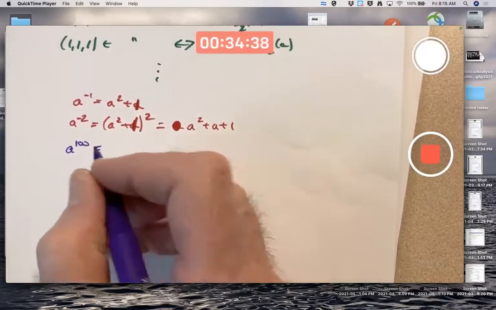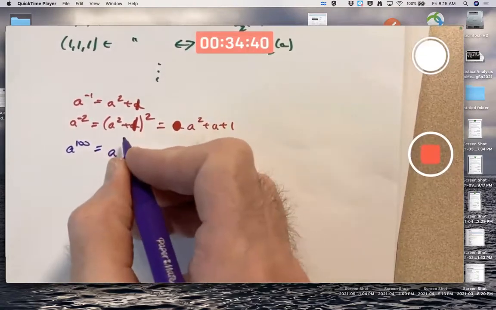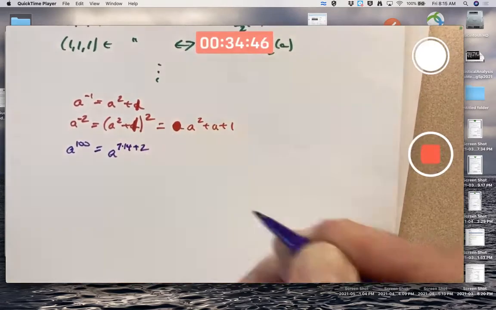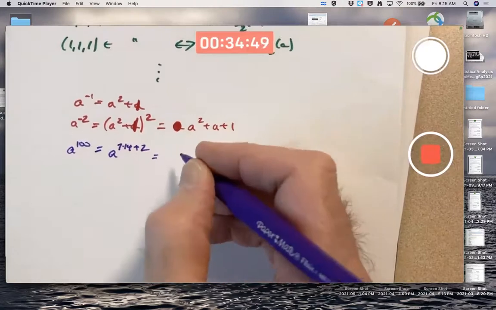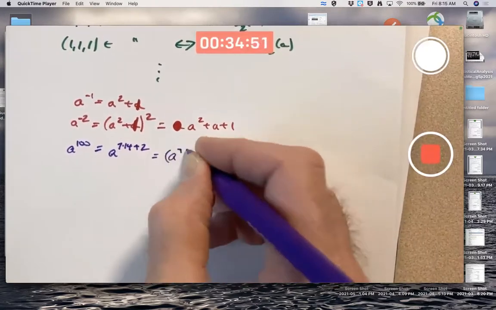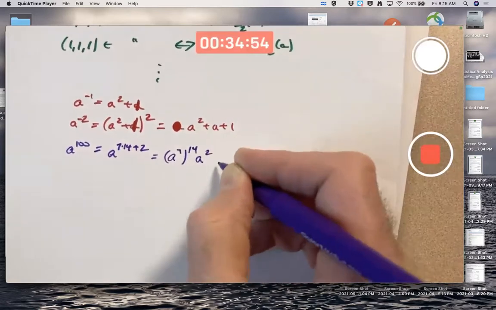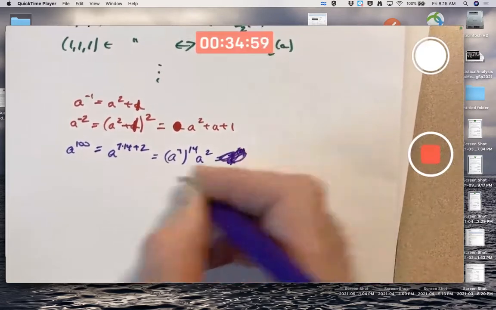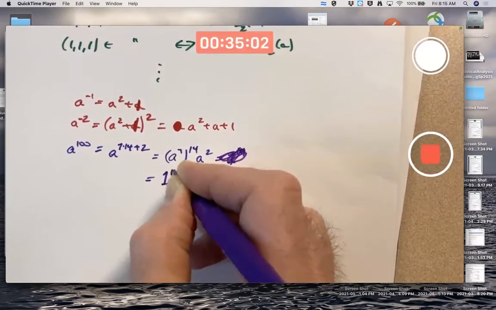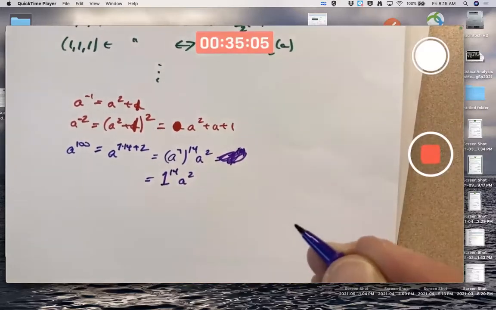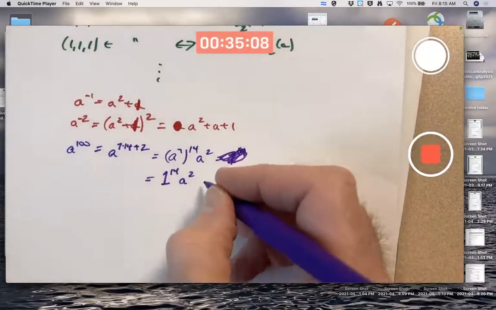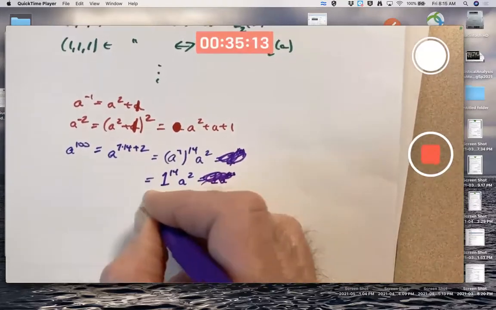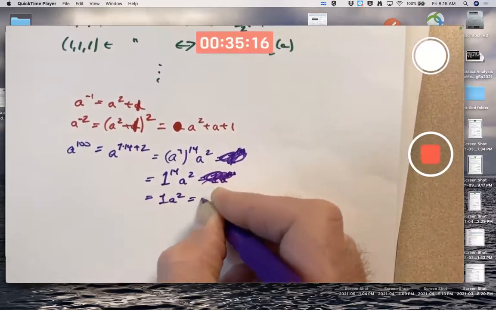It divides evenly into 98. It's 7 times 14 plus 2. A to the 7th is going to be the identity 1. Write the identity as 1, the unity, instead of e. Looks like a to the 100 is a squared.